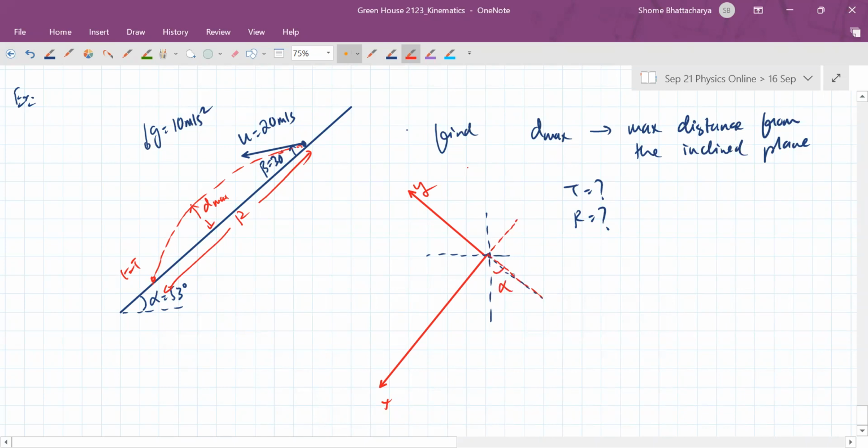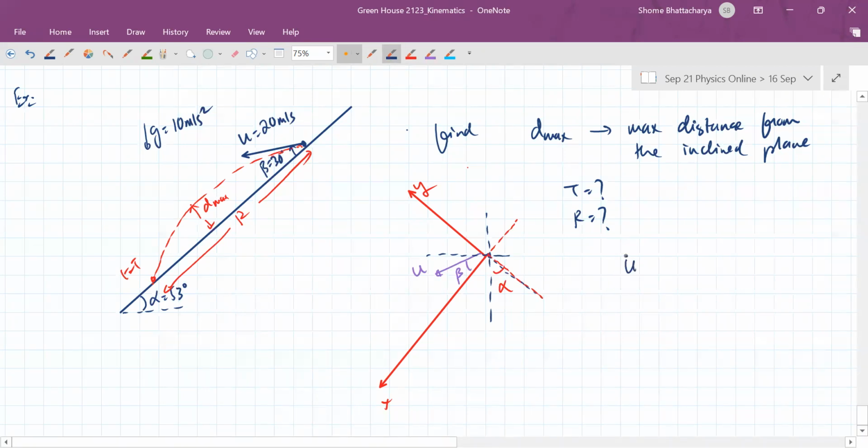This angle is alpha, and the projection is happening at an angle theta.